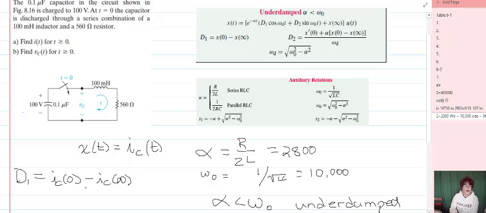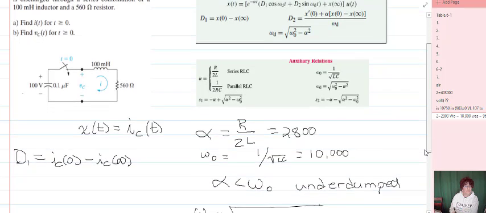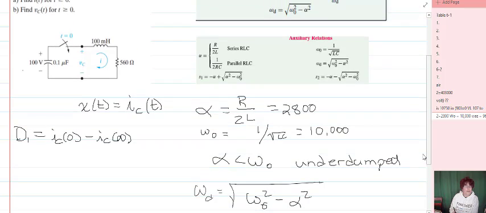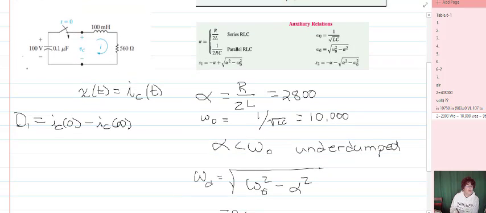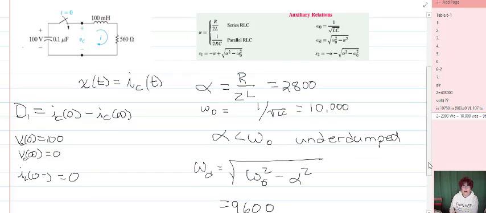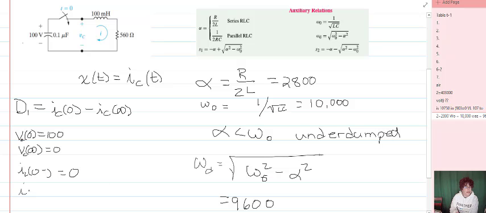So at 0, we had previously looked at our circuit, and we know that the capacitor was originally charged. So V of 0 was 100. And we knew VC at infinity was going to be 0. There are no power sources. And we knew IL of 0 minus was 0. And then because current can't change instantaneously through an inductor, IL of 0 is also 0.